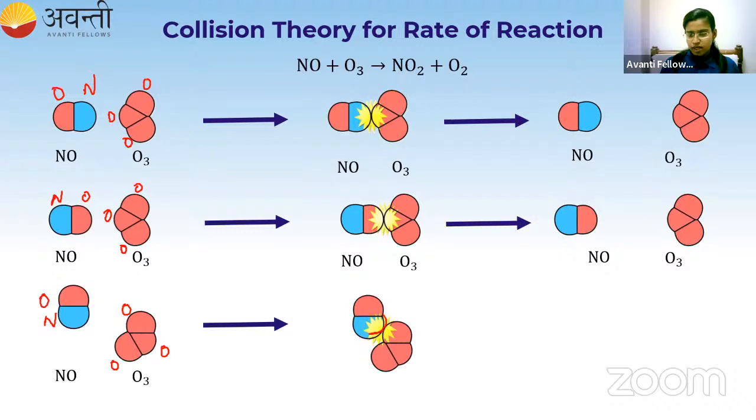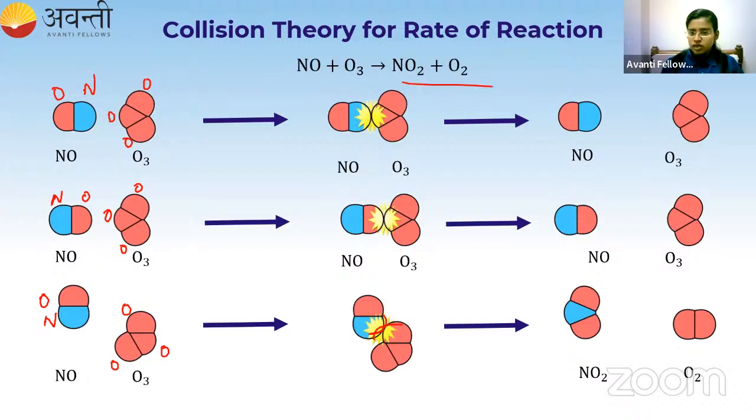They lead to the formation of NO2 and O2. This is getting broken down and it leads to the formation of NO2 and O2. So only the proper orientation will lead to the formation of product according to collision theory.